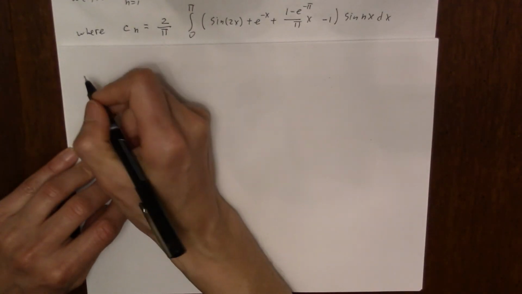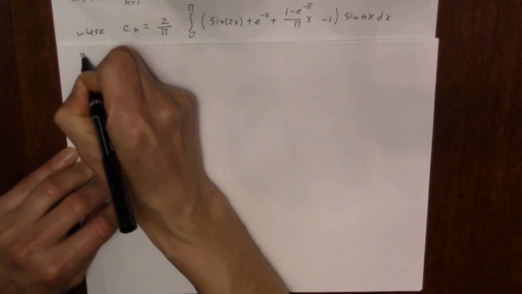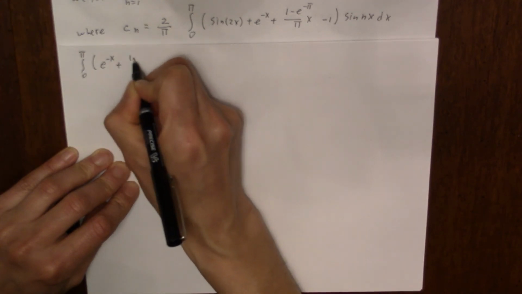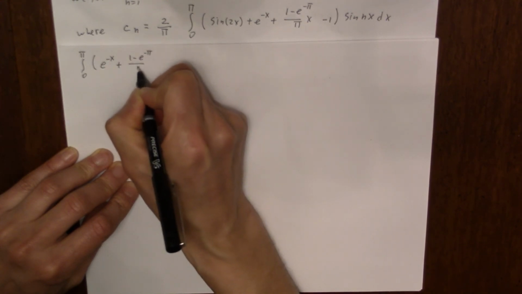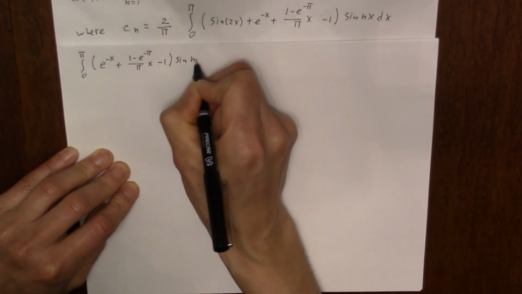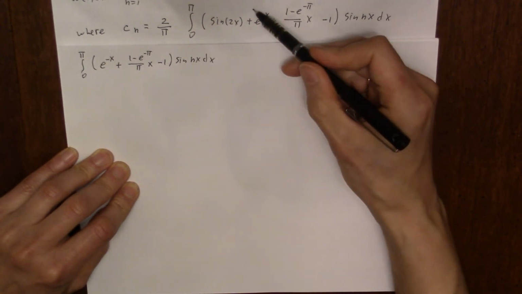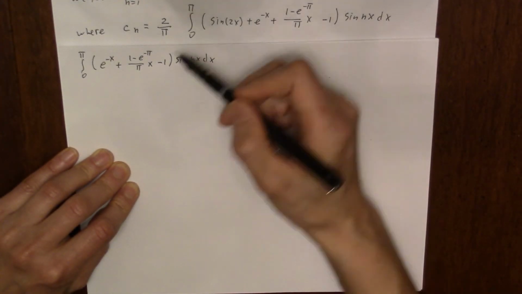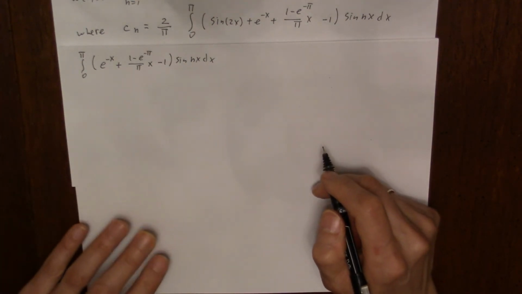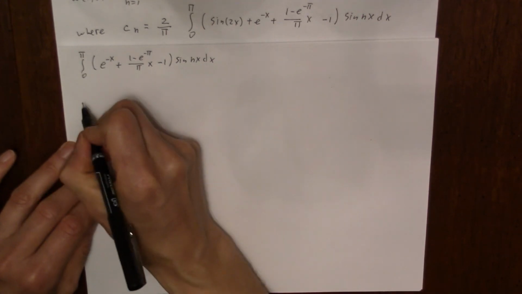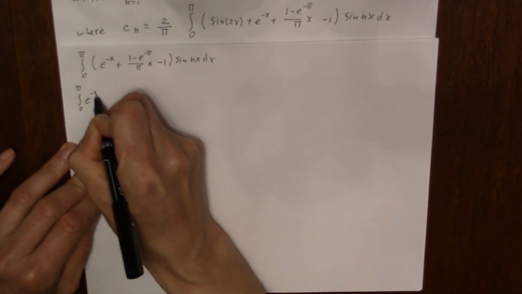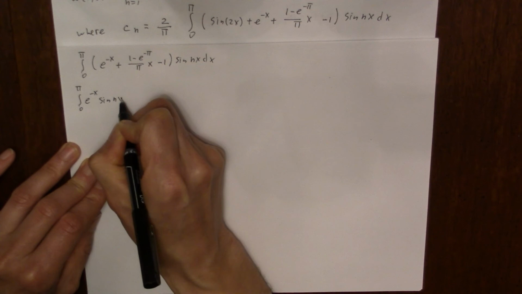For now, we're going to concentrate on calculating integral 0 to pi of e to the negative x plus 1 minus e to the negative pi over pi x minus 1 times sine of nx dx, which is this part of our integral when we calculate cn. We're going to break that integral into three pieces. Integral 0 to pi e to the negative x sine nx dx.